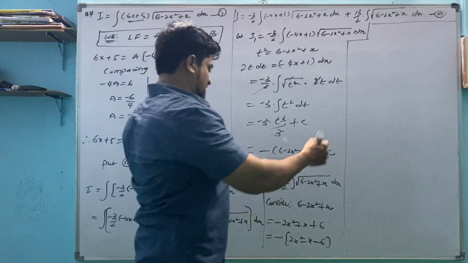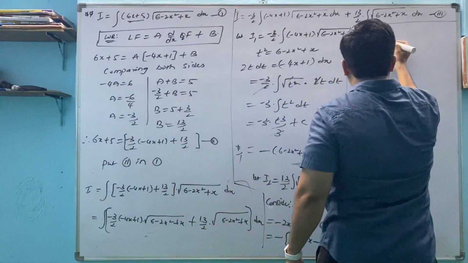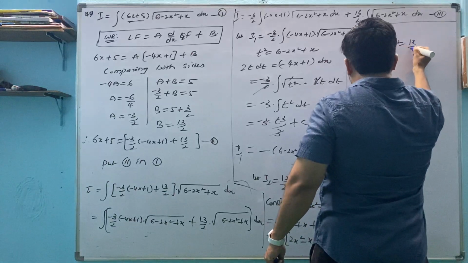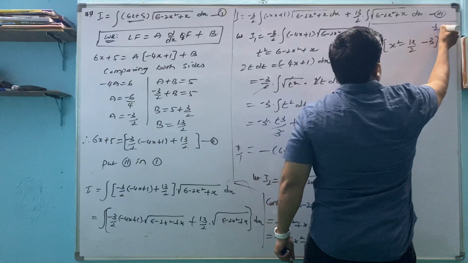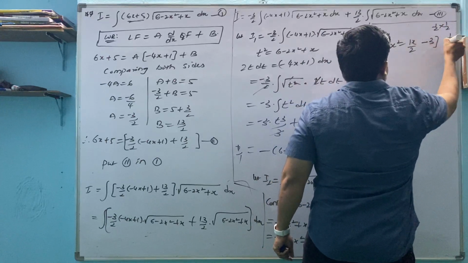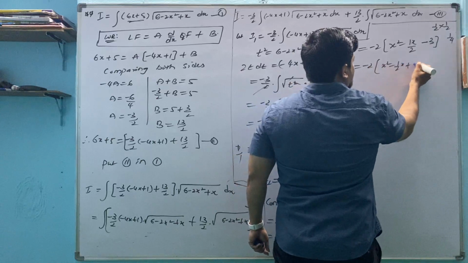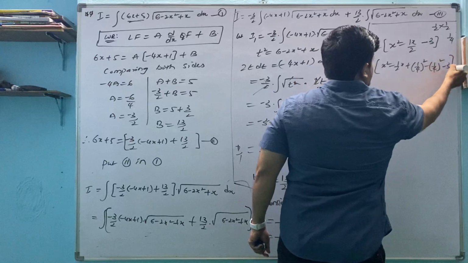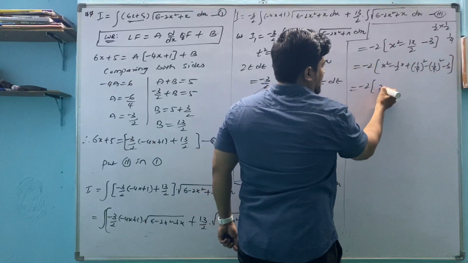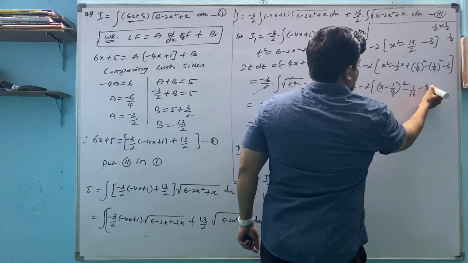Then we take 2 common: x square minus x by 2 minus 3. Now half of 1 by 2 is 1 by 4. So we take x square minus 1 by 2 x plus 1 by 4 whole square minus 1 by 4 whole square minus 3. Now 2 into x minus 1 by 4 whole square minus 1 by 16 minus 3.